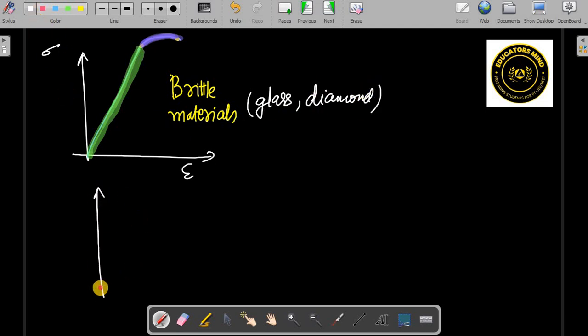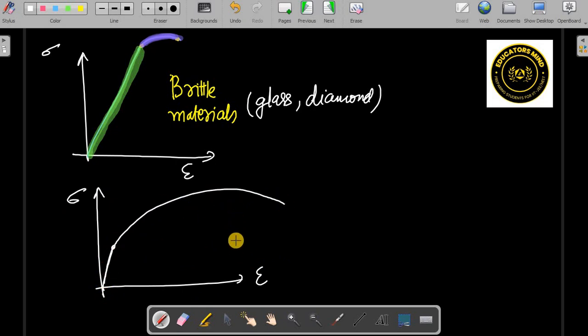And for some materials, the straight line portion of the graph will be less, but a more non-linear graph will be there. So such materials, where there is more non-linear graph, more plastic behavior is there, correct?